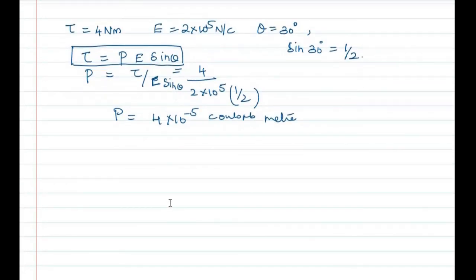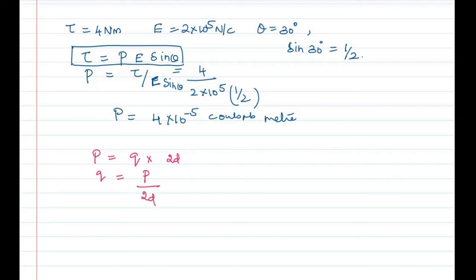Now the formula for the dipole moment is P is equal to Q into 2D, that is the length L. From this we can calculate Q, Q is equal to P by 2D.